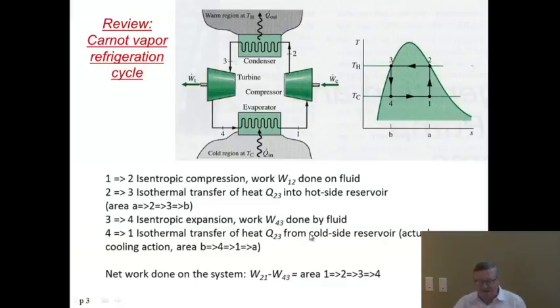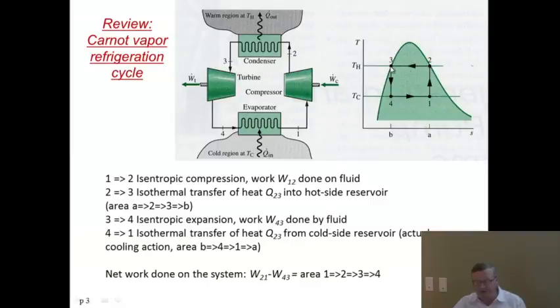So this cycle, in essence, if I summarize it here, you have isentropic compression from some region where you had a certain amount of quality to your liquid-vapor mixture, to, let's say, saturated vapor, point number 2. So this takes work that has to be done on the fluid.